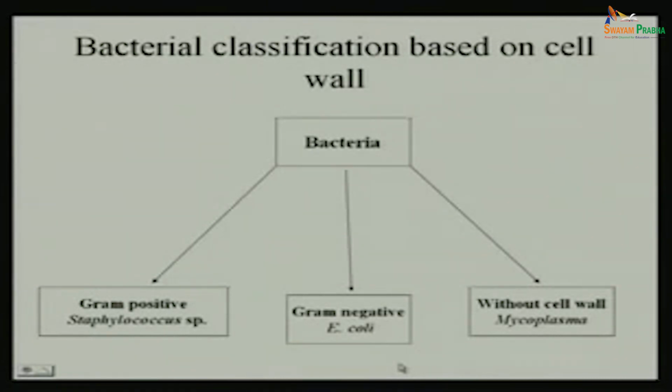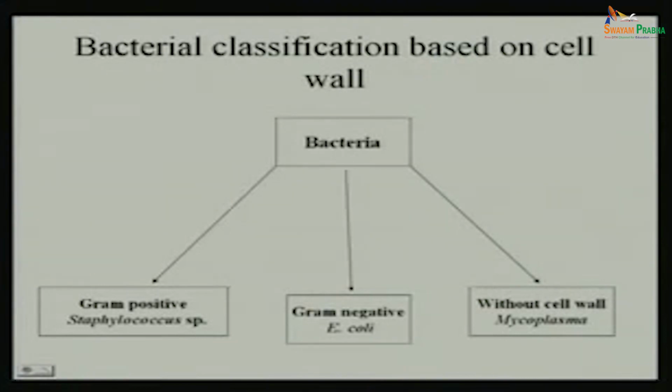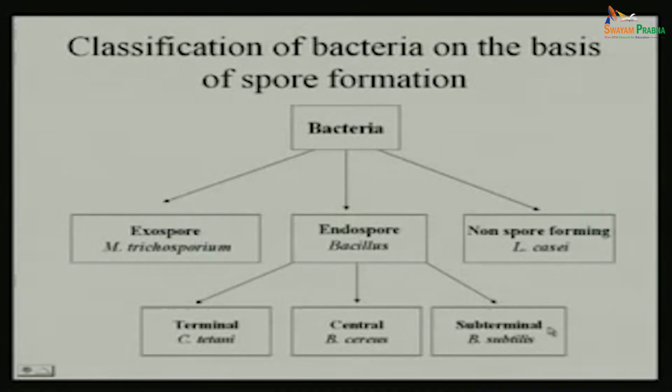Now, in conclusion, what I would like to tell you is that if we classify the entire bacterial world, then we can classify bacteria into gram positive, gram negative, and the bacteria which do not have any cell wall, as I have mentioned, mycoplasma is one such example.